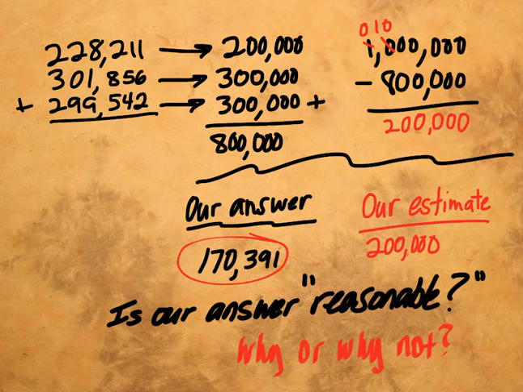Again, the example I offered is if you have a value that would be, let's say, half of that, like somewhere near 100,000, you made a mistake. Your answer is not reasonable based on your estimate. The reason I say that is because your estimate is always going to be easier to calculate. Why? Because it's got lots of zeros in it, dude. And those are easy things to deal with.